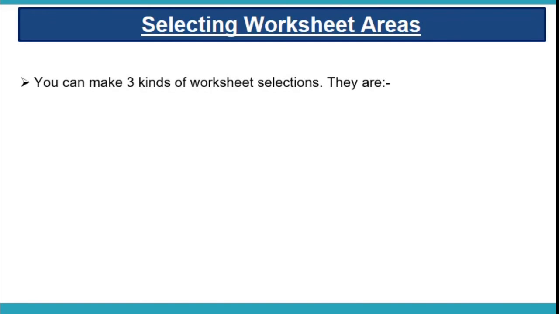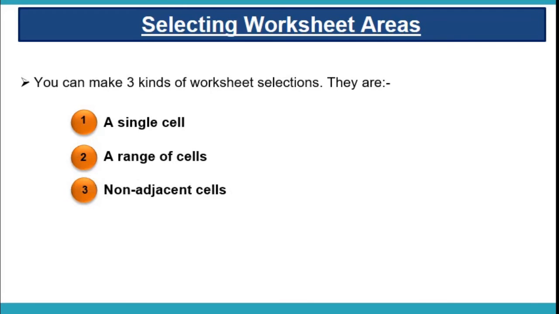Now let's see how to select a worksheet area in our document. You can make three kinds of worksheet selection. They are a single cell, a range of cells, non-adjacent cells.